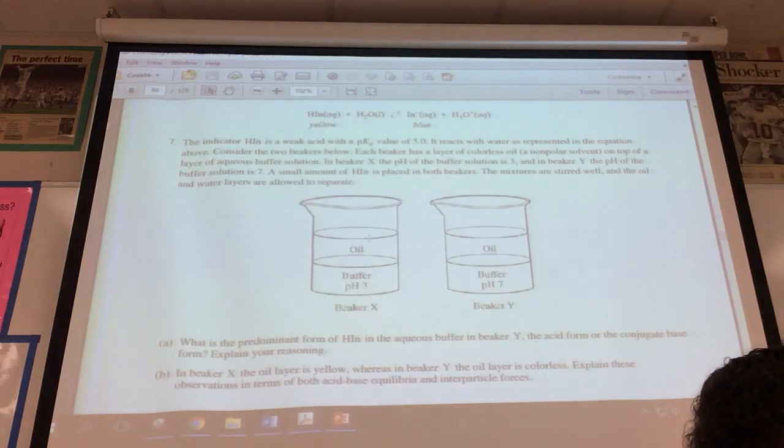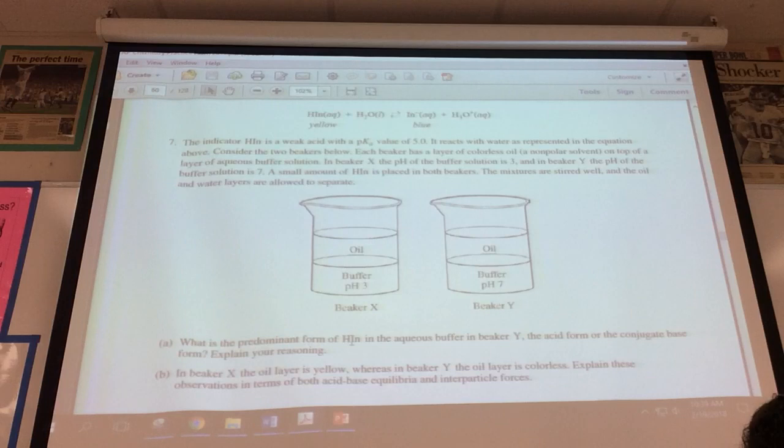Each has a colorless layer of oil, which is nonpolar covalent, and a layer of aqueous buffer dissolved in water. In beaker X, the pH of the buffer is 3, and in beaker Y, the pH of the buffer is 7. A small amount of indicator in its acidified form is placed in both beakers. So you dump HIN in here and here. Stir it up and let it settle.